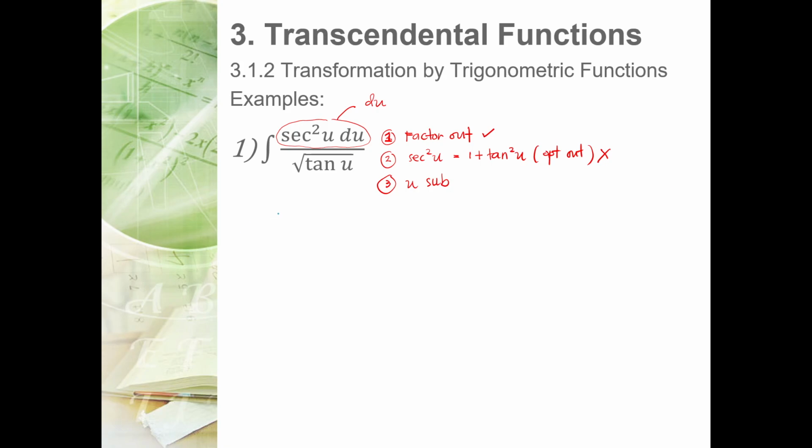So let u be tangent u, and since we try to create a du of secant squared, from derivatives we know that the derivative of tangent u is secant squared u du. So this becomes the u parameter, this becomes the du parameter.